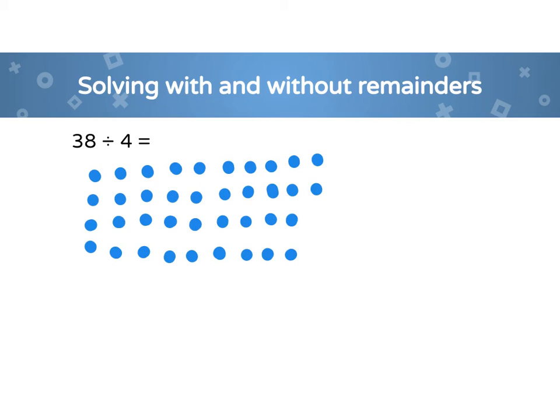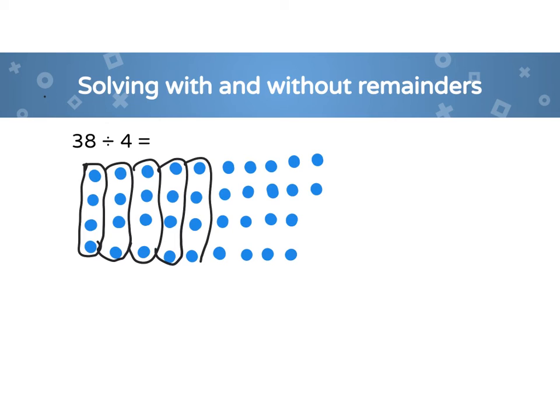So let me circle my groups of 4. My groups of 4 are going to be 1 group, 2, 3, 4, 5, 6, 7, 8, 9.